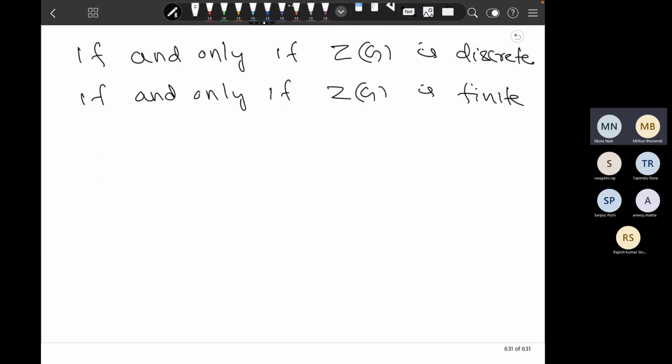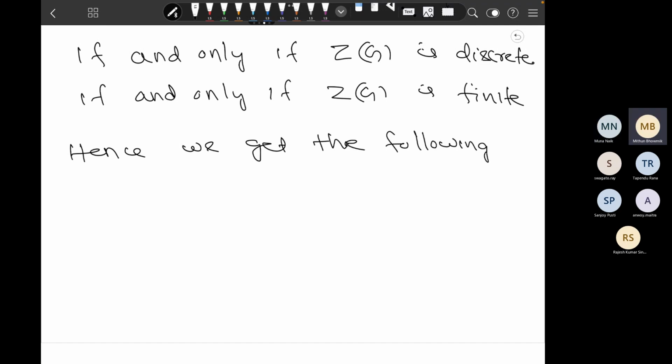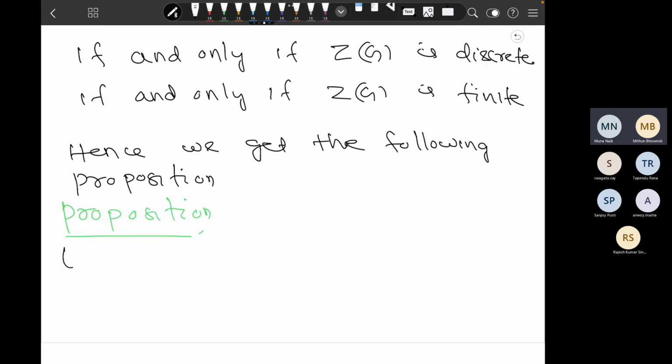So hence we get the following proposition. Let G be a compact Lie group with finite center.